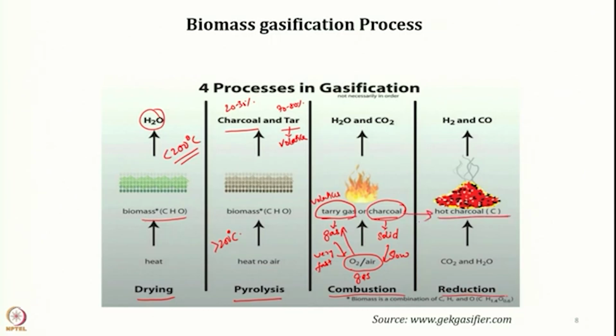So, its temperature rises because it is present in the flame, because this tarry gas not only undergoes combustion or oxidation, but also releases a lot of heat. So, here CO2, H2O plus heat is produced, and this heat drives our reduction reaction because this reaction is endothermic.